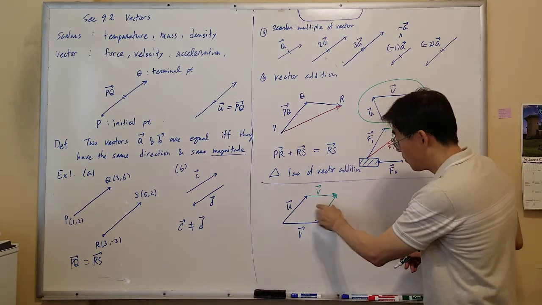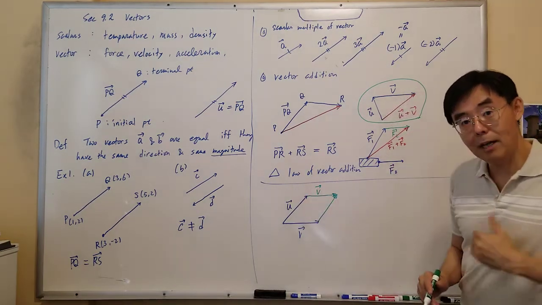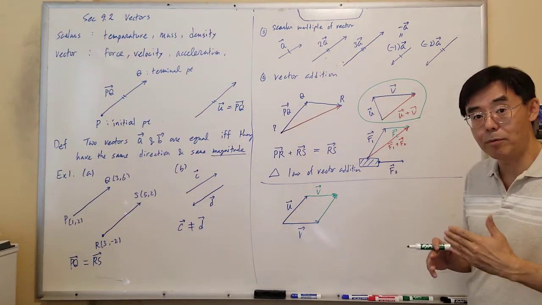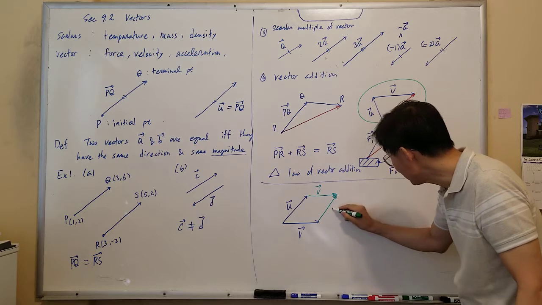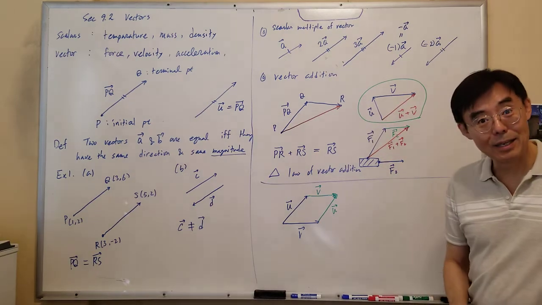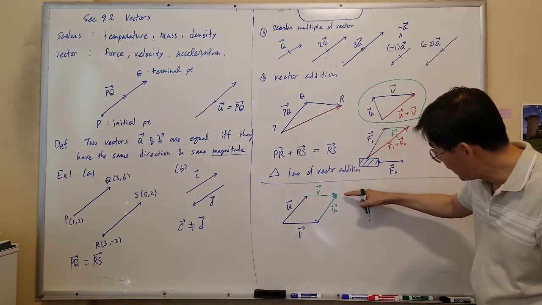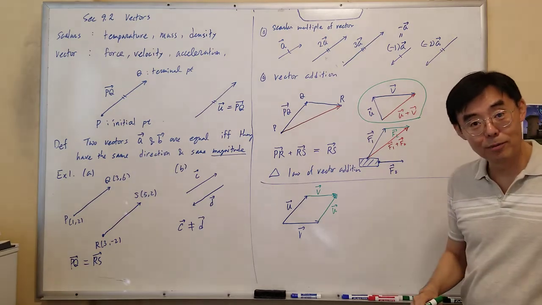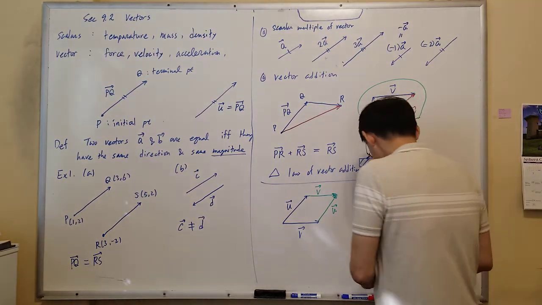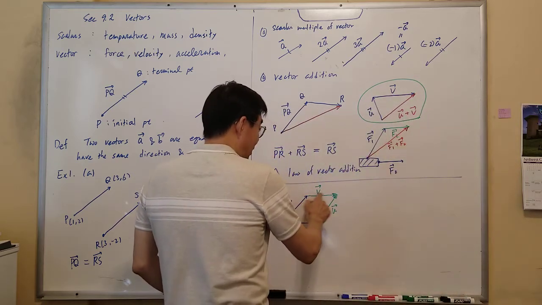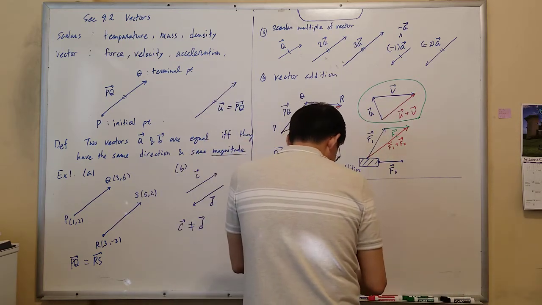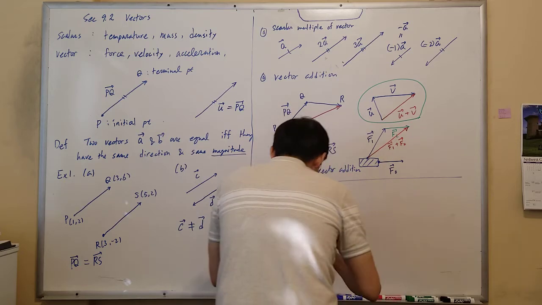Because it's a parallelogram, the other pair of opposite sides are also parallel and congruent. So that vector has to be vector u. Alright? If you draw vector v here, then it has to be vector u from that simple geometry. So, u followed by v, that is precisely vector u plus v.